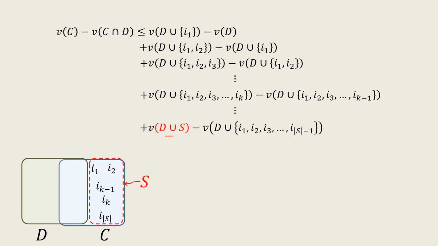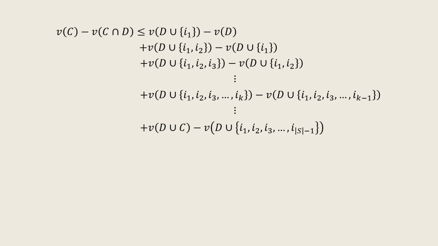Now this V of D union S, this is the set D union S, and it's the same thing as D union C. So I've replaced D union S with D union C. Whence this is what I have. And now I'll start cancelling terms.